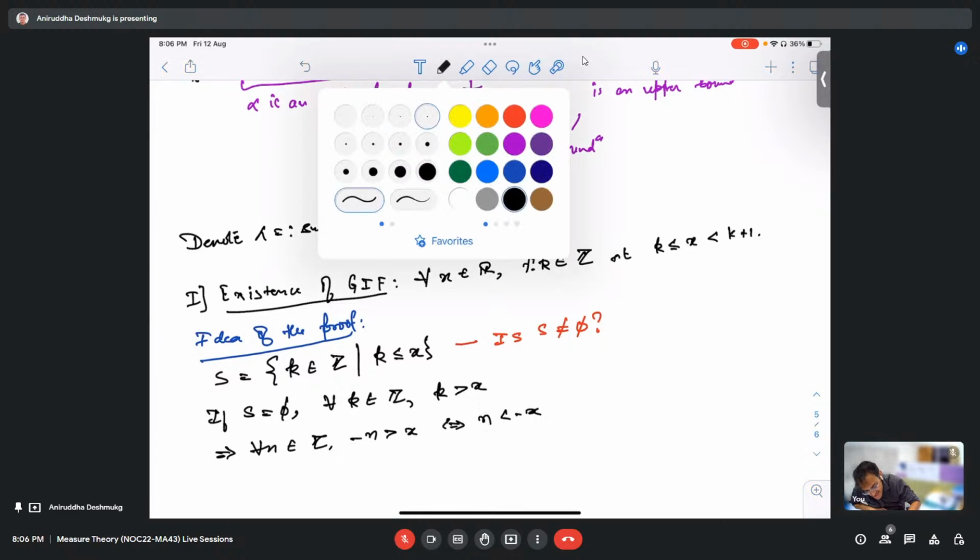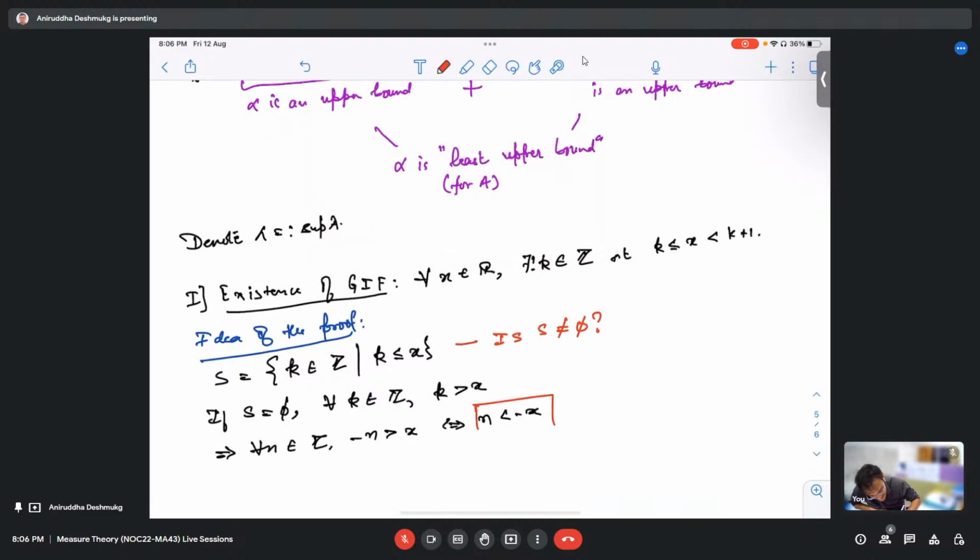But this means N has an upper bound. That is again a contradiction to the Archimedean property. Okay. So therefore S is non-empty.